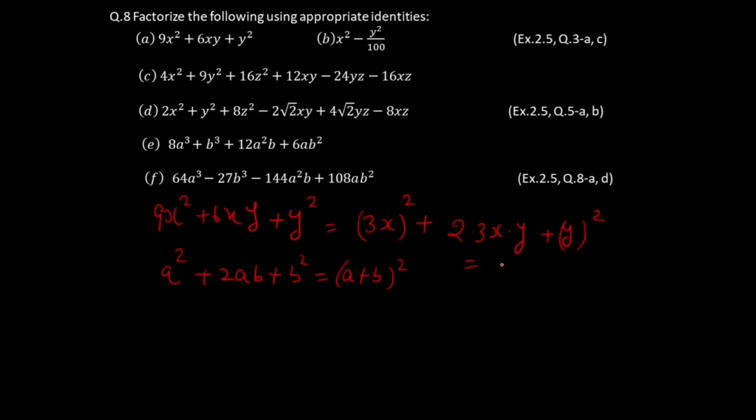Now this right hand side, (3x) whole square plus 2 times 3x times y plus y whole square is equal to, using this identity, (a plus b) square. What is b here? y in this question. This is not my final answer because I am to factorize in the given question. So this is not factorization. (3x plus y) 2 times: first time and then second time. That's the meaning of square.